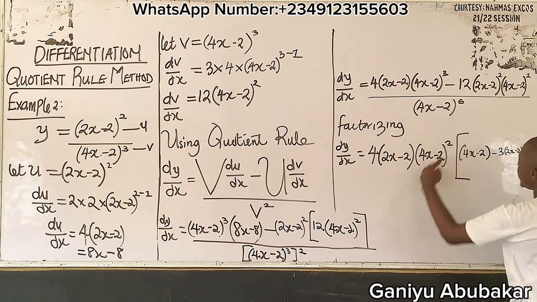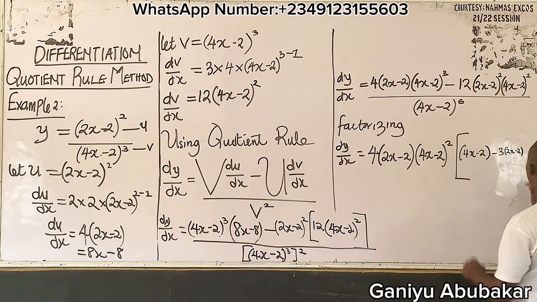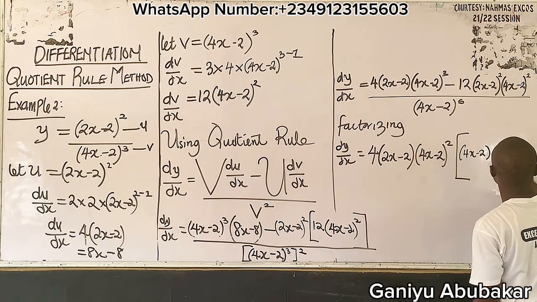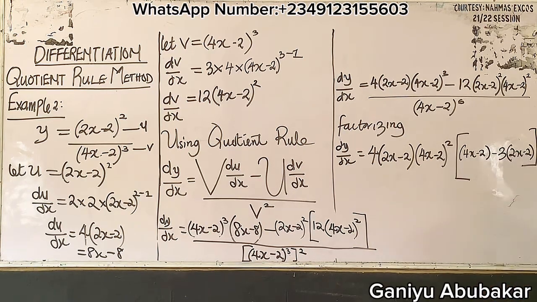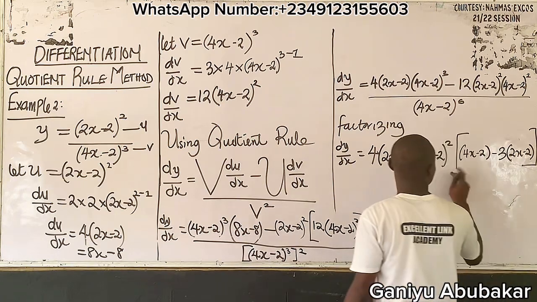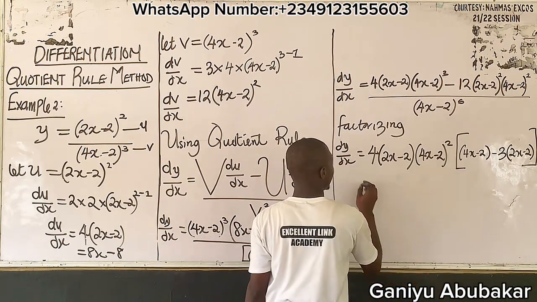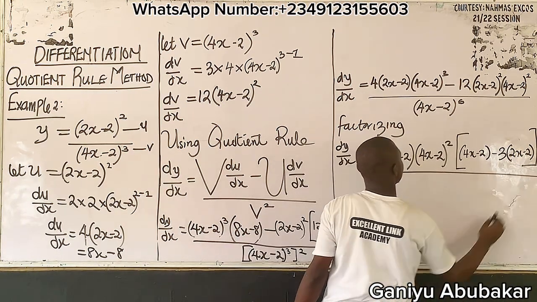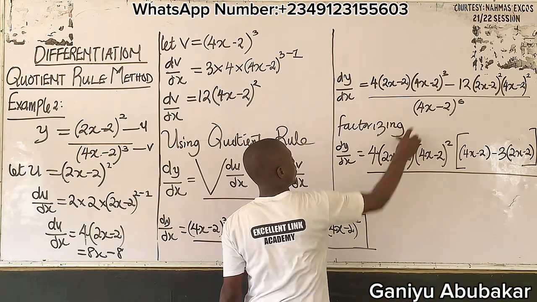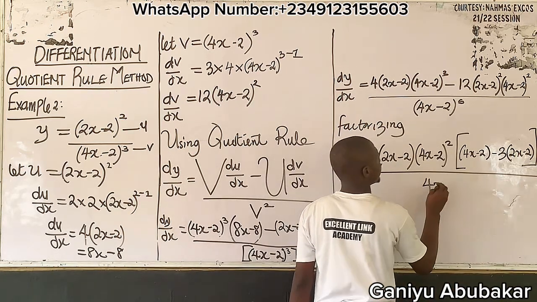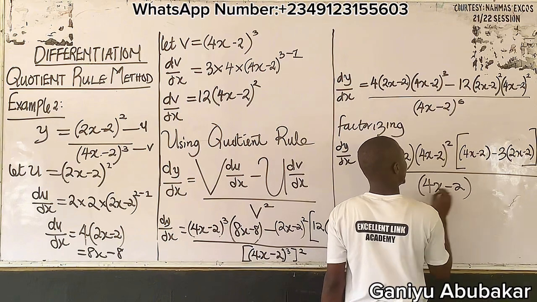This divided by this is 1. So that's all. Let me write this very big: 3 into (2x - 2), all over (4x - 2) to power 6.